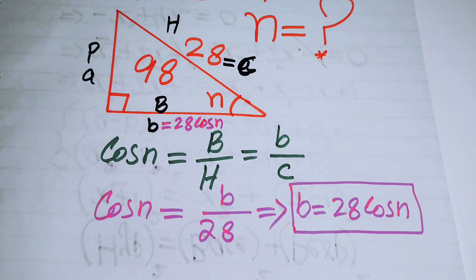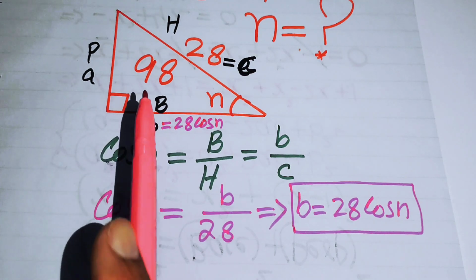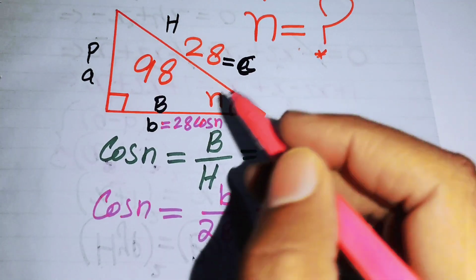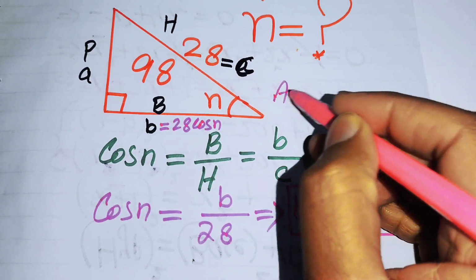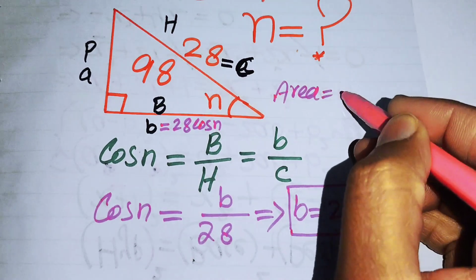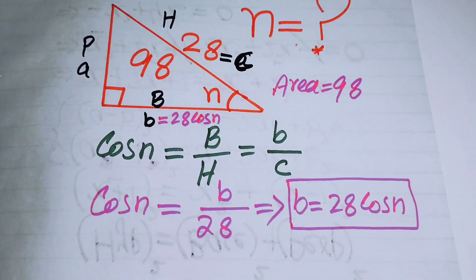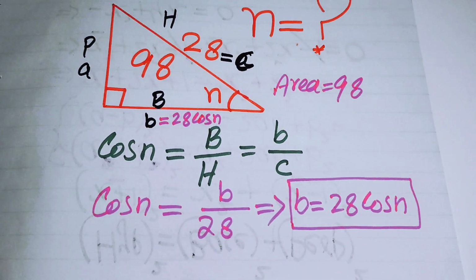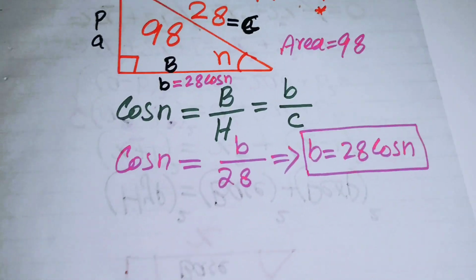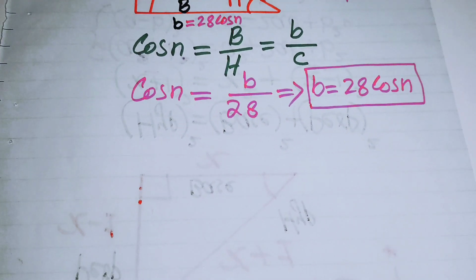After that, we are given that the area of this triangle is 98, so I can write area equals 98. Now we will use the area formula of a triangle in order to find the solution of this problem.